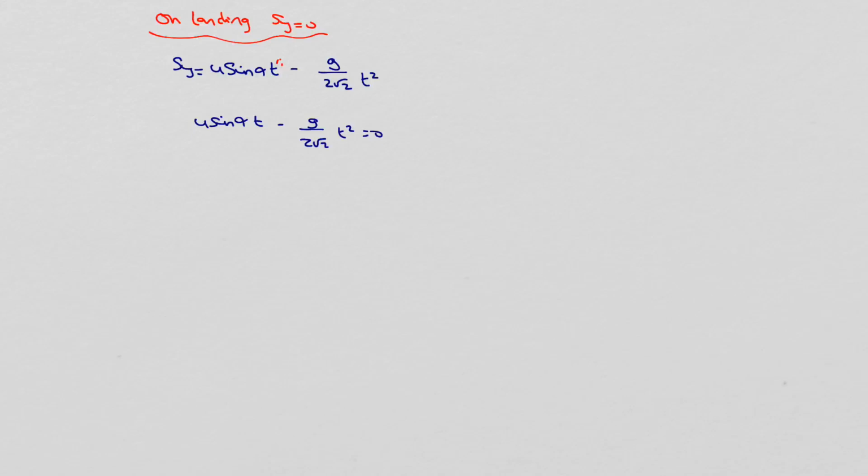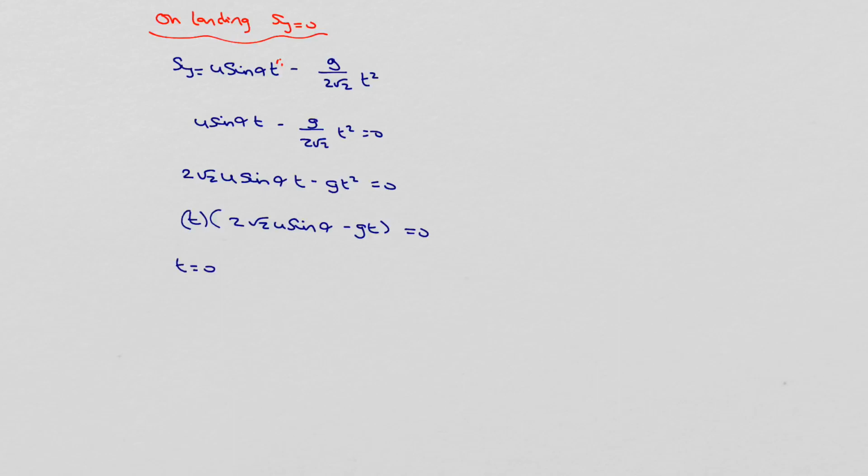I'm going to multiply across by 2 root 2. I'm going to get the highest common factor, which is t. And then they both multiply to give me 0, so that means that 1 is equal to 0.